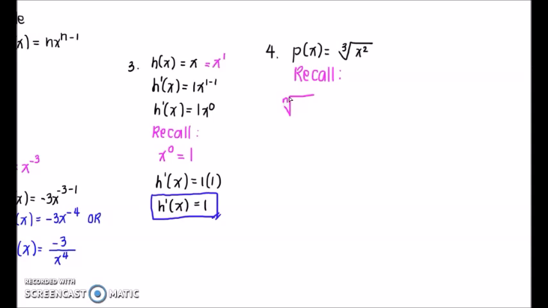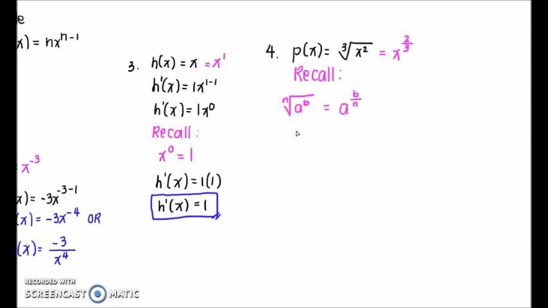The nth root of a raised to b can actually be expressed as a raised to b over n. So, ibig sabihin, the cube root of x squared is just the same as x raised to 2/3. Which means that we could still apply the power rule.